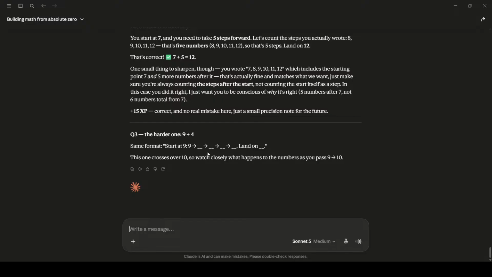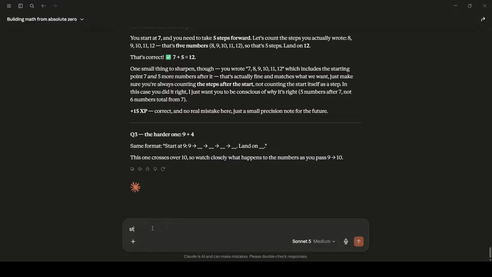Question number 3. Let's do another one: 9 plus 4. Again, the same thing. Start from the 9 and go 4 positions. So 1 position, 2, 3, 4 positions: 10, 11, 12, 13. That is the number we land on, and that is the answer.